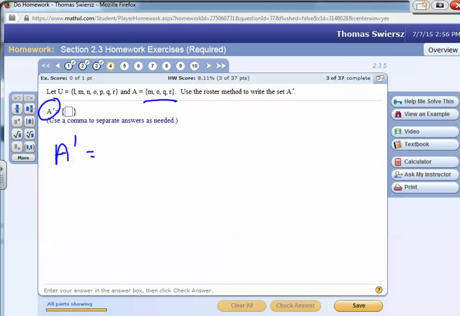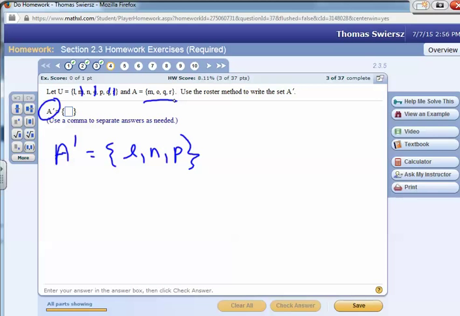So what you do is you get rid of M, O, Q, and R, and what's left would be L, N, and P. So the complement is the elements that are not in A but are in the universal. I always just subtract the elements in A from the universal. What's left in this case is the complement: L, N, P.